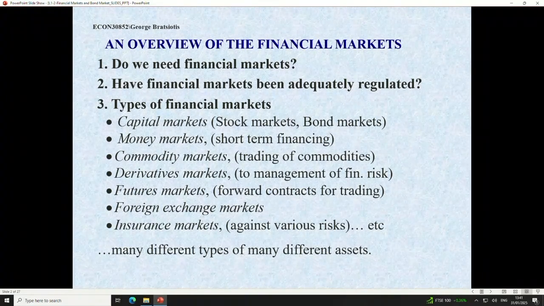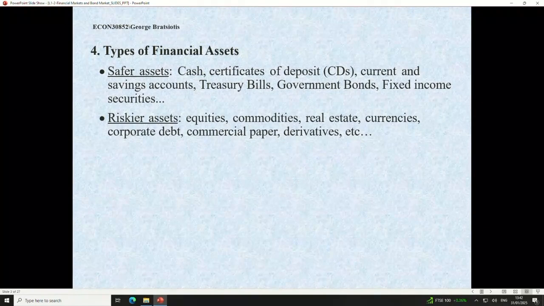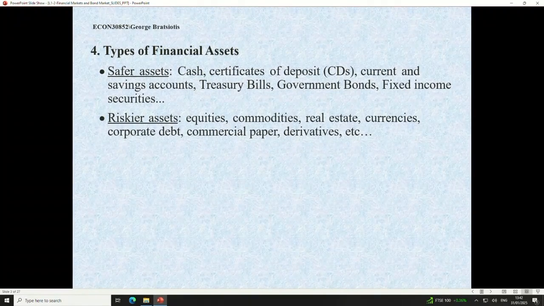And there are many different types of markets and they deal with many different types of assets. So the next boring question I'll cover, as I promised not to assume that you know much, is: what is an asset? We've covered what a financial market is, what they do, which are the markets.